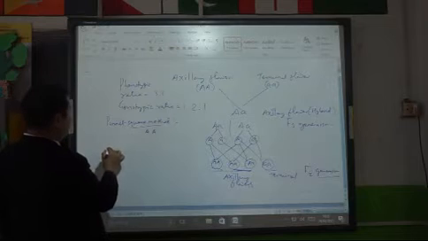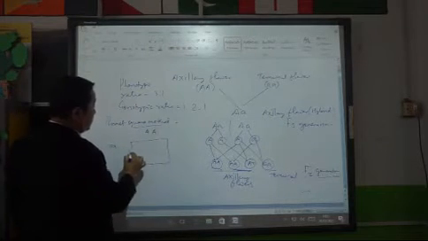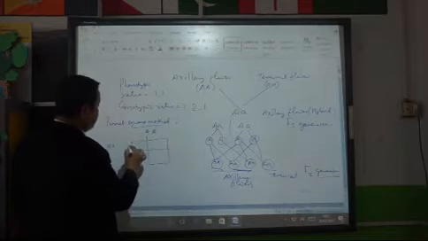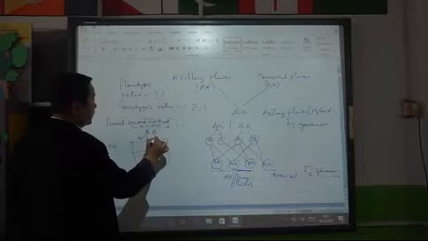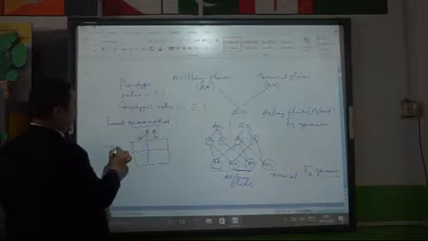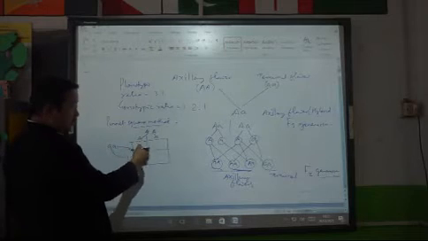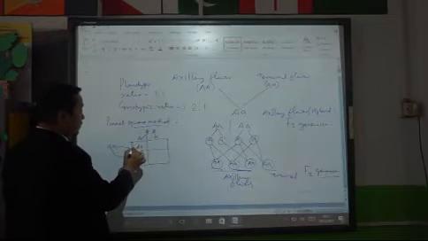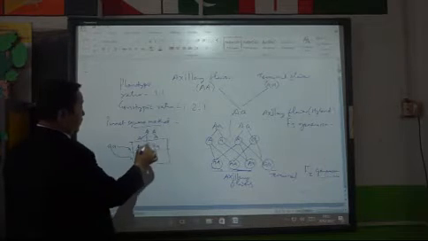A and this A. This A is here, this A is here. So if you cross it, you open like that. This and this, and this and this.